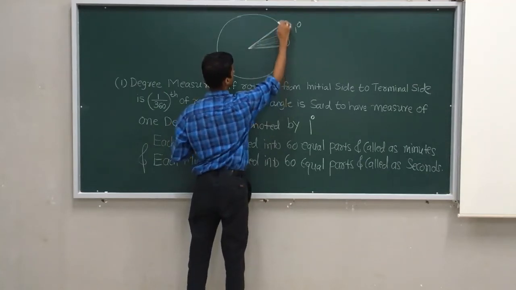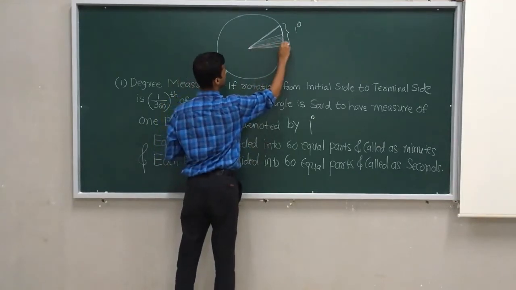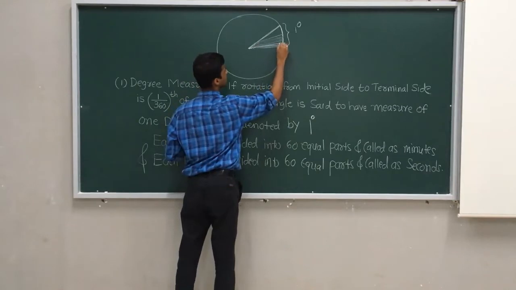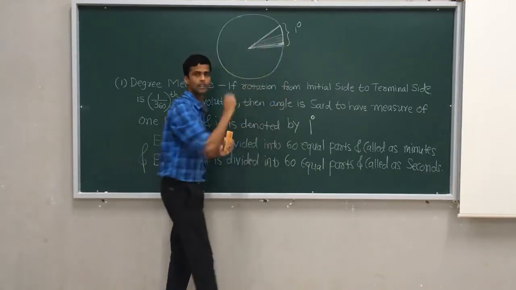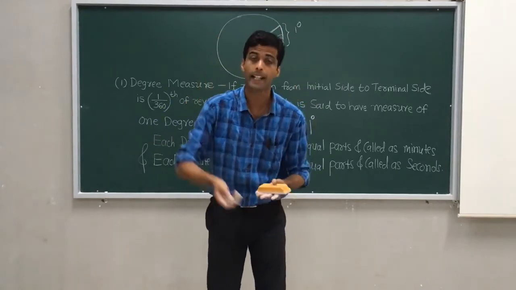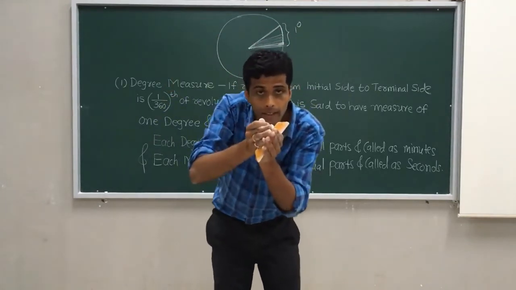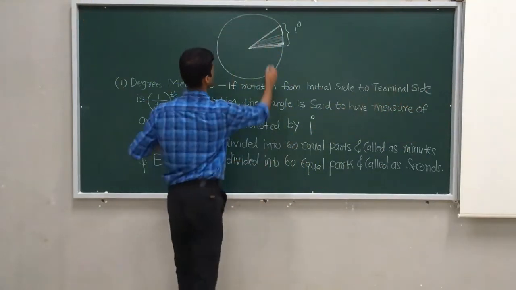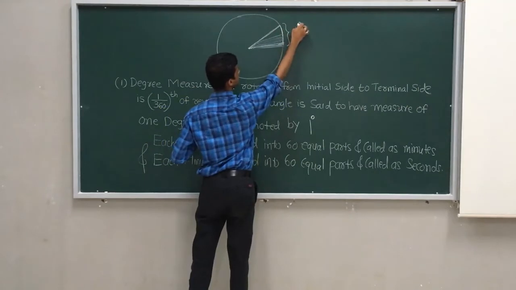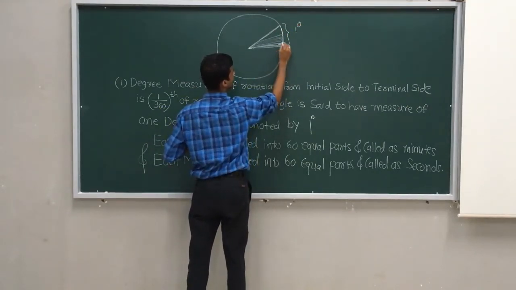They have divided that 1 degree into 60 equal parts. Again they consider 1 minute, 1 part, and divide that part into 60 equal parts. Therefore, all 60 parts give you 1 minute, and in 1 degree, all 60 parts give you 1 minute.